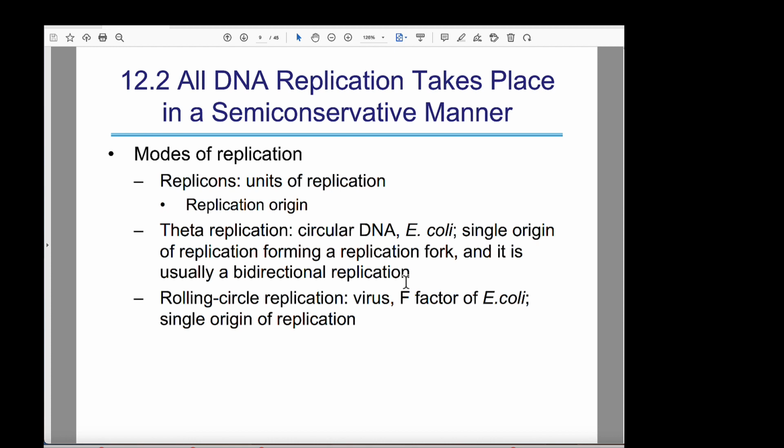Once the new nucleotides are added to the 3' end, the 5' end of the broken strand is displaced from the template and it rolls out like a thread being pulled off of a spool. This is how the term rolling circle replication was derived. You see this with the F factor of E. coli or viruses, and it has a single origin of replication.